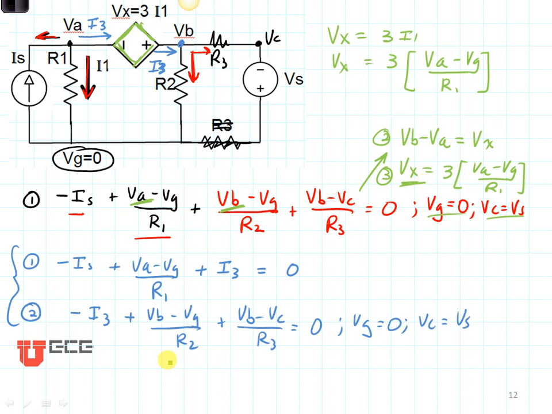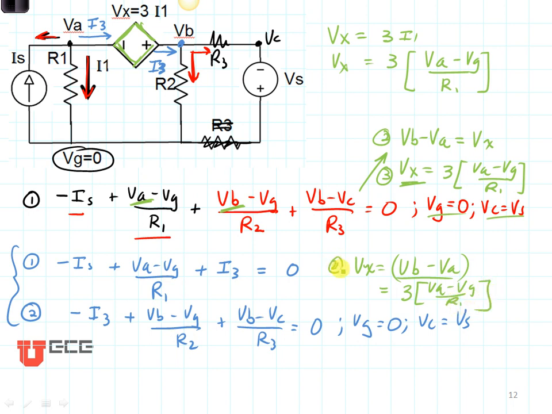All right, what about over in this side? In this side, I need to be able to incorporate the information about Vx also. So I would include the information Vx is equal to VB minus VA, just VB minus VA, and that is equal to 3 times VA minus VG divided by R1.